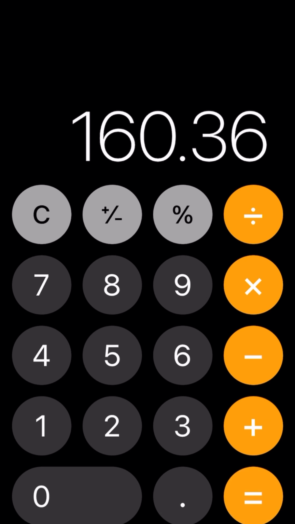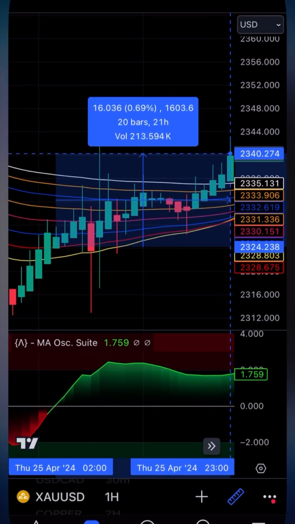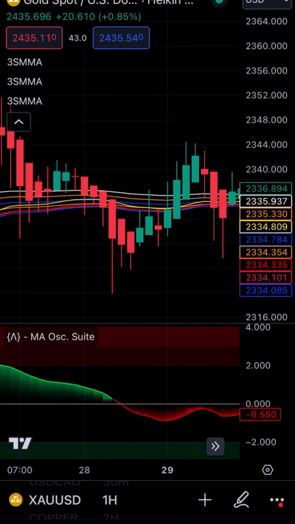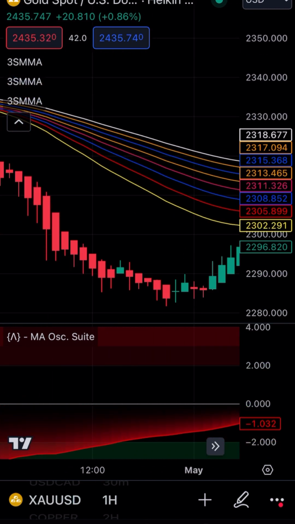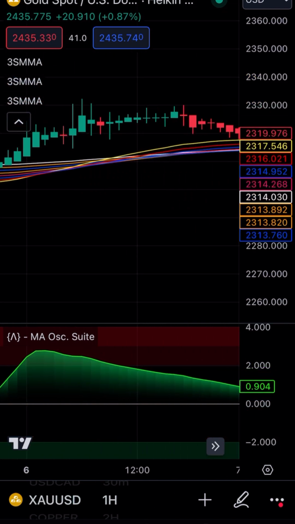Do that by a cent, you made $160. So if this was 10 cents, you would make $1,603. So you can see that this strategy is very powerful. It helps you find all the good moments to get in.